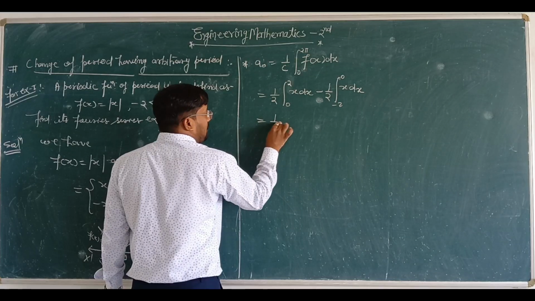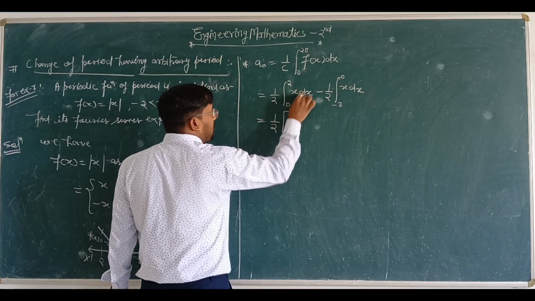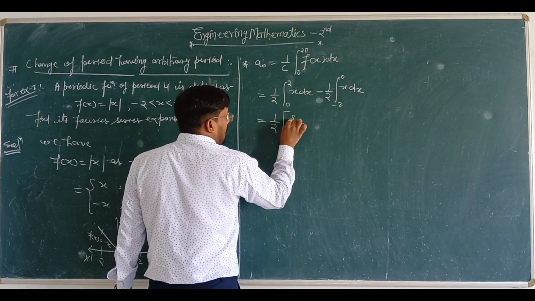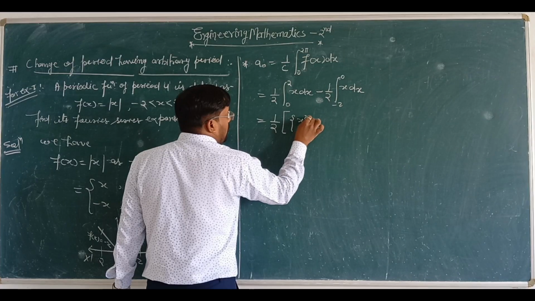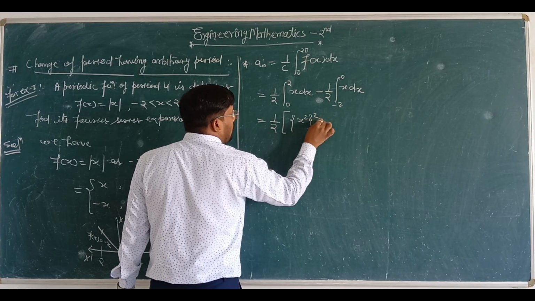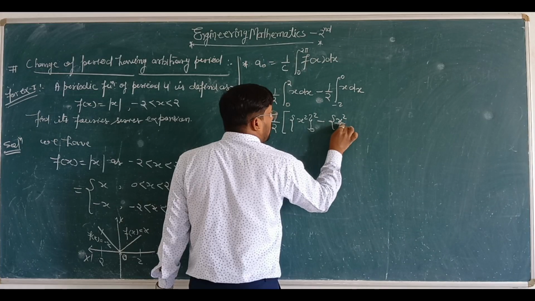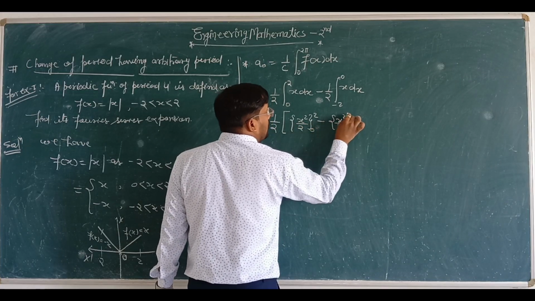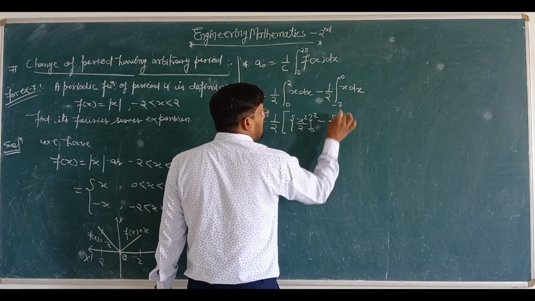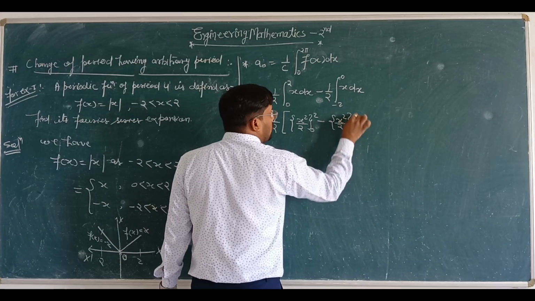Now you can integrate this function. 1 upon 2 is common. Now integrate this function. You can write x square by 2, now limit is 0 to 2, minus x square by 2, integration of this function, now limit minus 2 to 0.